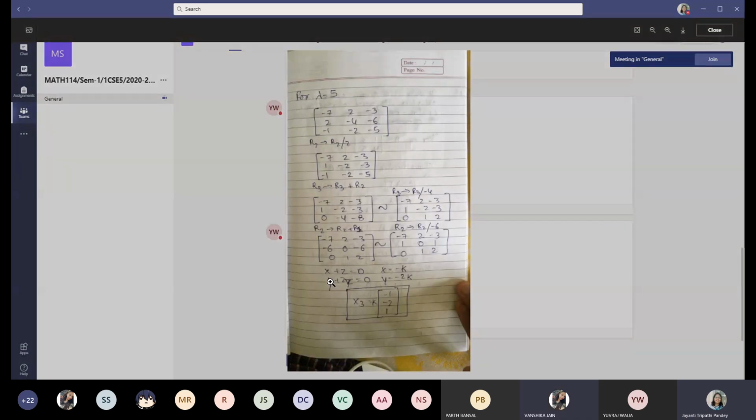I'm starting with the 3x3. What is the definition of symmetric? Aij is equal to Aji. What does it mean? It means the matrix is mirrored across the diagonal.